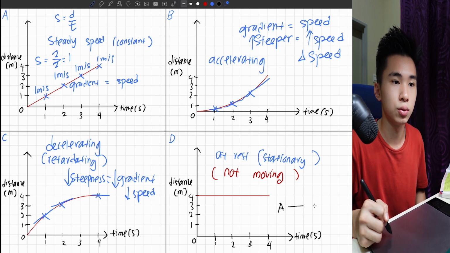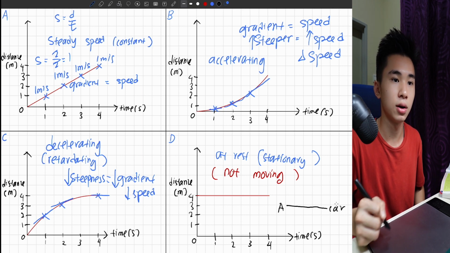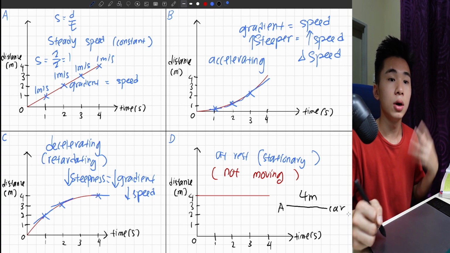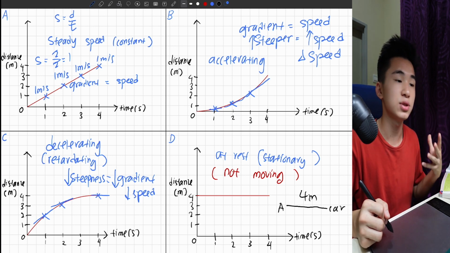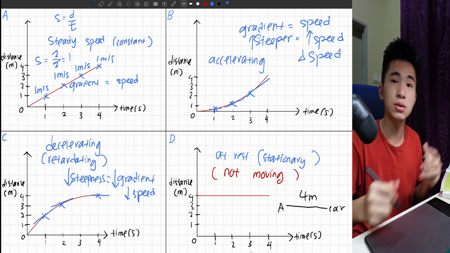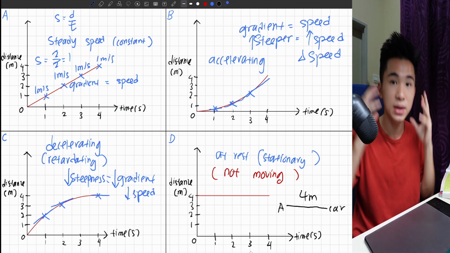Point A to the car here, and the distance is 4 meters. Okay, so if we talk about the car parked from point A, the distance is going to be 4 meters, which means it is not going to change, right? The distance is still going to be 4 meters.